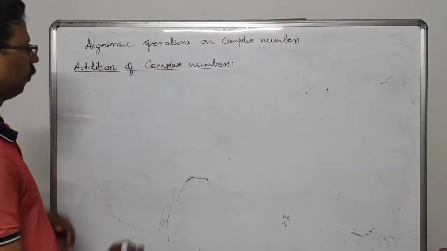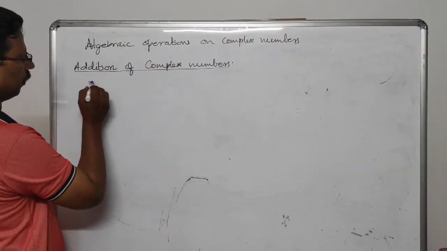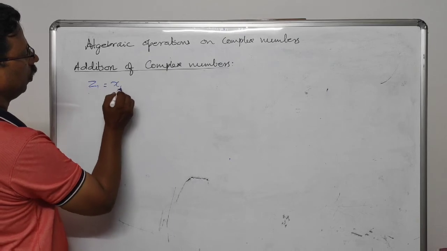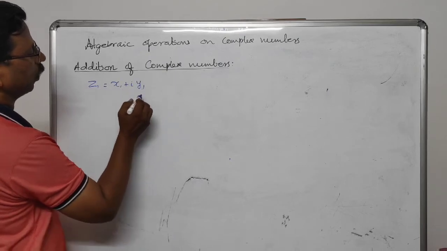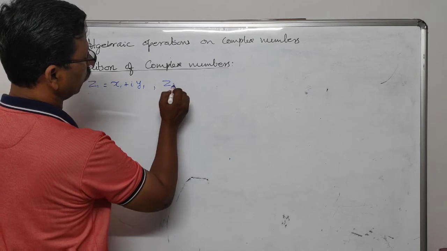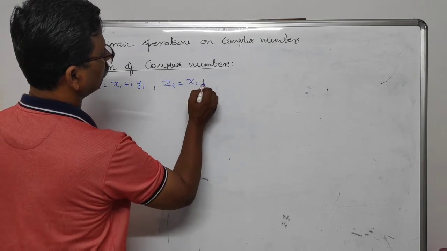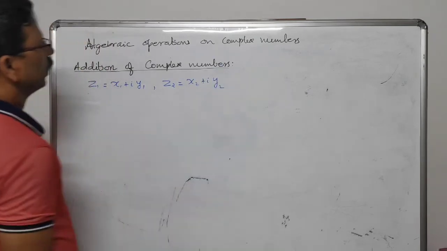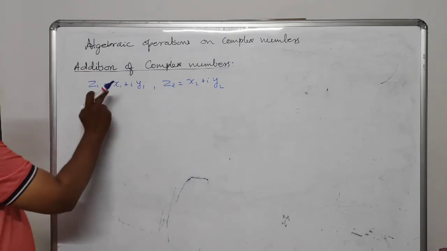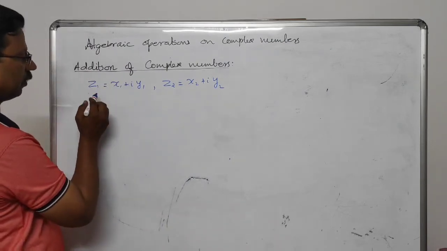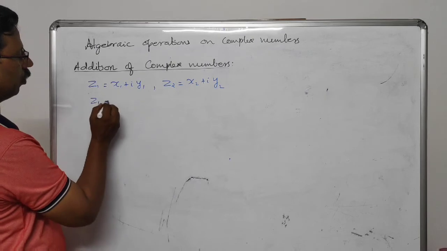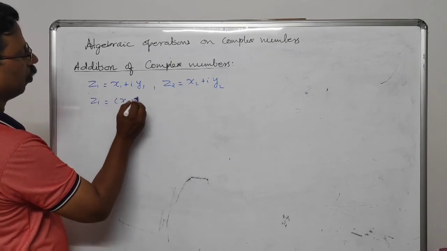See the addition of complex numbers. For that, you can consider two complex numbers. z1 is equal to x1 plus iy1, and another complex number z2 is equal to x2 plus iy2. Now we want to represent these as ordered pairs, so we can say z1 is equal to x1 comma y1.